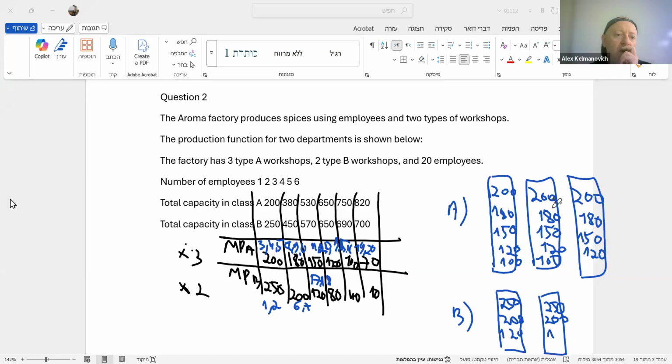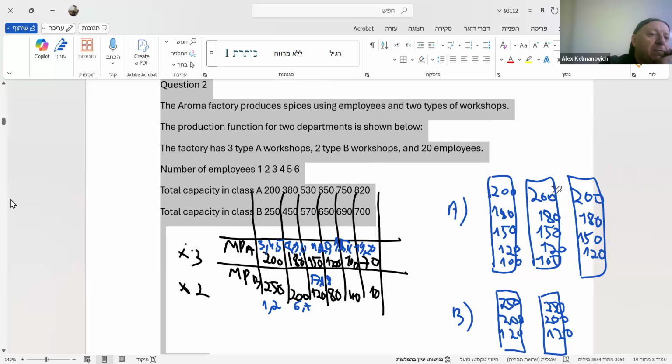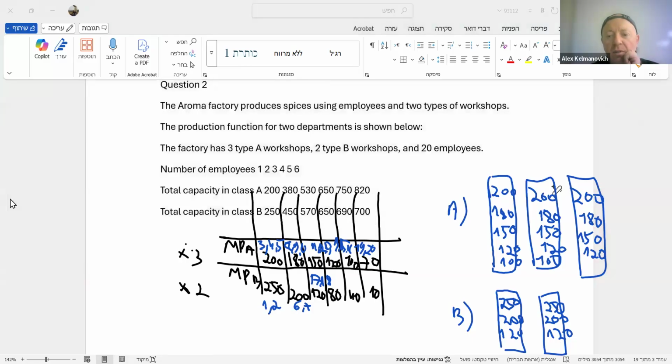Okay, so this is our original position, and now I delete field B, one field B. So I have to find place for 3 labors.